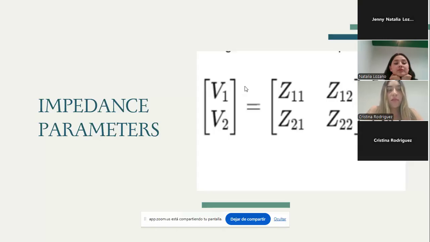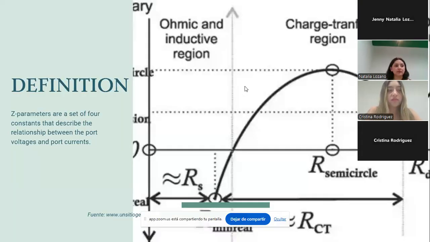Z parameters are measured under open circuit conditions, and they are particularly straightforward to use when working with passive linear networks. Now, two important concepts come into play here: reciprocity and symmetry. A network is reciprocal if the transfer impedances are equal, meaning Z12 equals Z21.